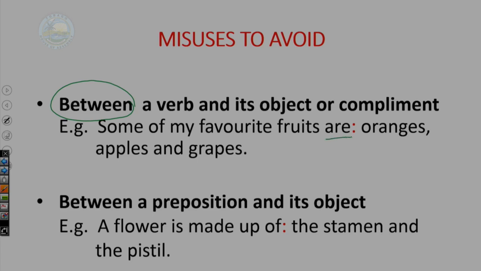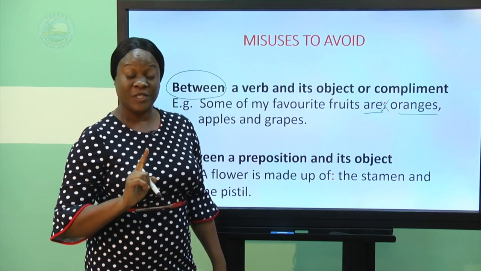The verb in this sentence is the word are. And our signboard is reminding us that we do not use a colon after or between a verb and its complement. So this is a verb here, and here we have oranges, not as a complement but as the object of the sentence. We never use a colon between the verb and the object of the sentence, and I want you to always remember that.